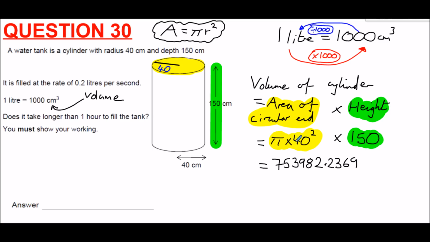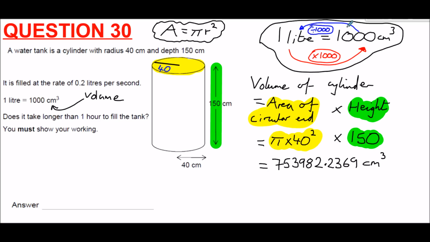So the units we used, 40 was centimetres, 150 was centimetres. So if centimetres go into our calculation, something involving centimetres will inevitably pop out. So that huge number there is the volume of this cylinder in cubic centimetres. But for questions relating to filling it with water and mentioning litres, and we've got here a rate of it being filled in litres, what we need to do, using this relationship we did earlier at the top, is change from cubic centimetres into litres.